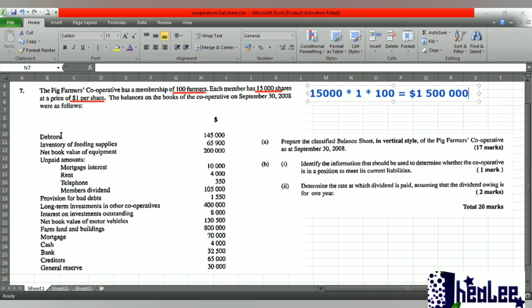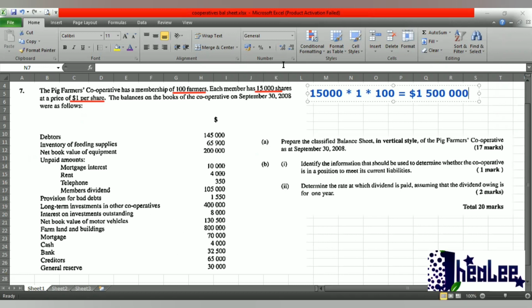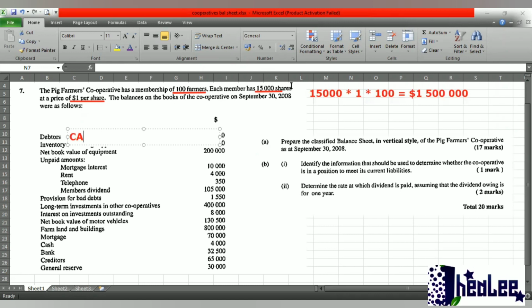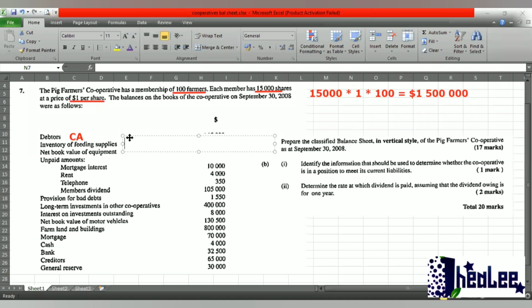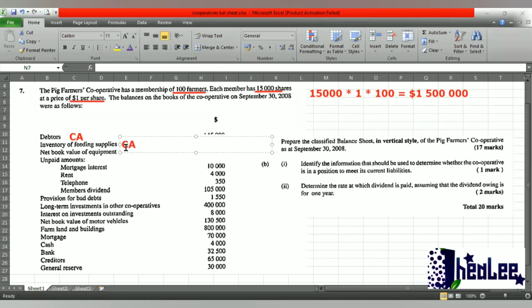Now we're going to look at each item from the list of balances. We have debtors, and debtors is a current asset. So beside that, I'm going to put CA. We have inventory of feeding supplies, and that would be stock of feeding supplies, and that would be current assets as well.